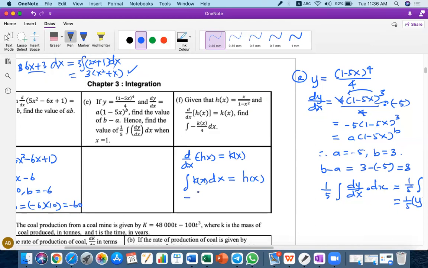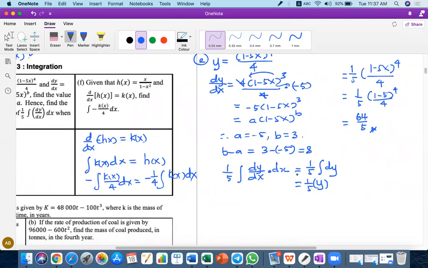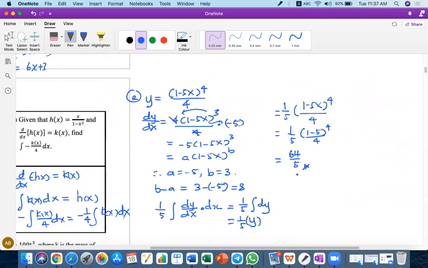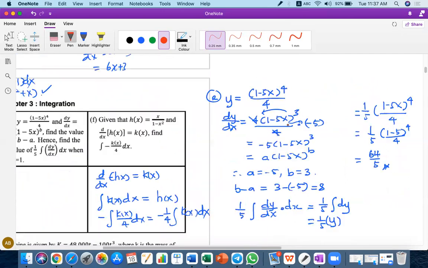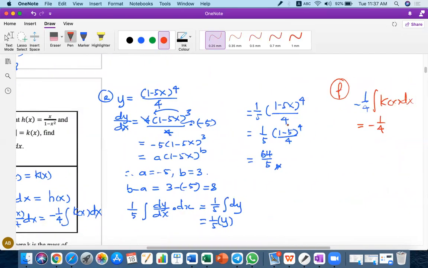So if I have negative k(x) over 4 dx, if I rewrite everything, it becomes negative 1/4 of k(x) dx. Hence I will get negative 1/4 of the integral of k(x) dx equals negative 1/4 times h(x).